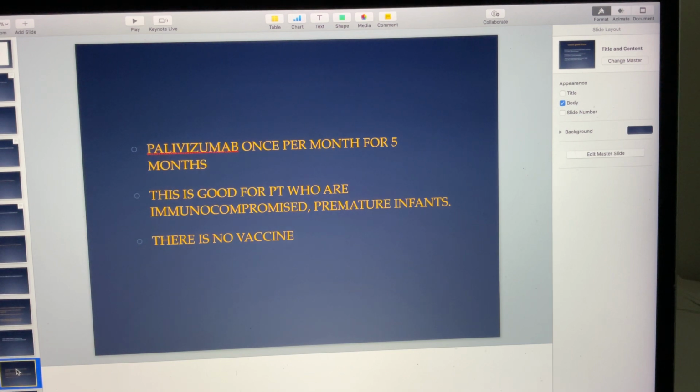The answer is palivizumab. This can be given once per month for 5 months. Like I mentioned before, this is especially beneficial to those who are immunocompromised and premature infants. Again, there's no vaccination for bronchiolitis.